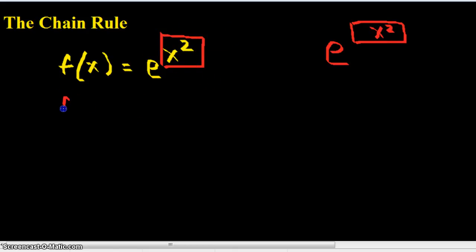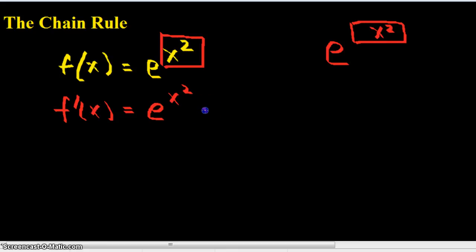Okay, so now my f prime, the derivative. What I'm going to do is differentiate this e to the power of box. Whatever it is, when I differentiate exponential functions, I'll get itself. So I will have e to the x squared. I'm just differentiating the e to the power of box, so I get e to the power of box, and right now my box stays the same, right?